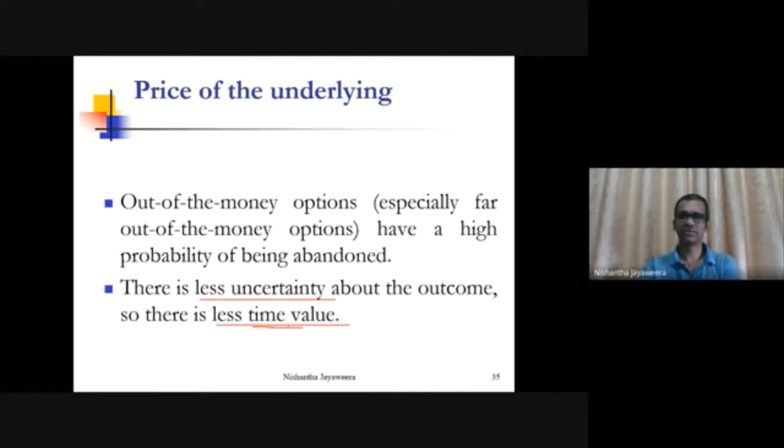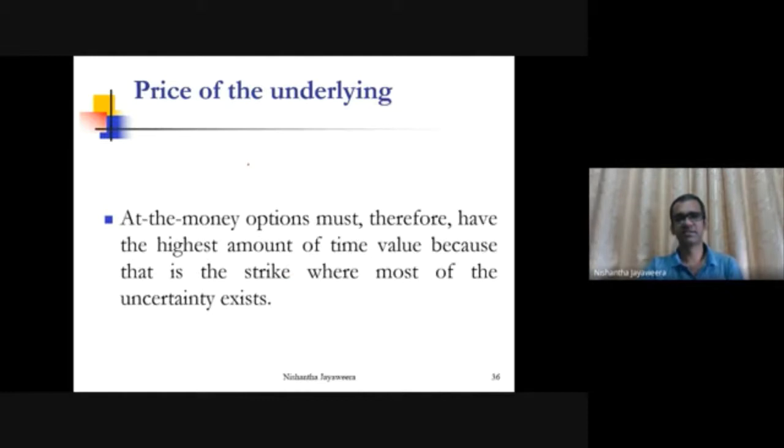Clear? So then what does it imply? What about at the money options? If both in the money and out of the money options have less time value, at the money options should have the highest time value.